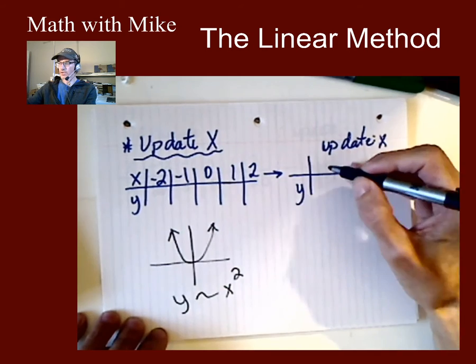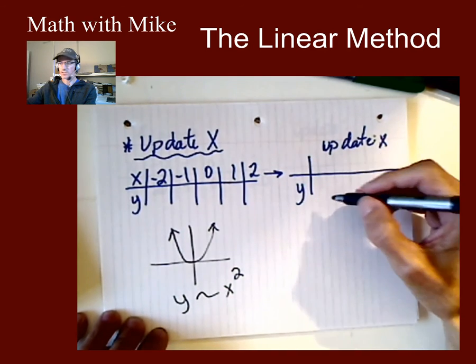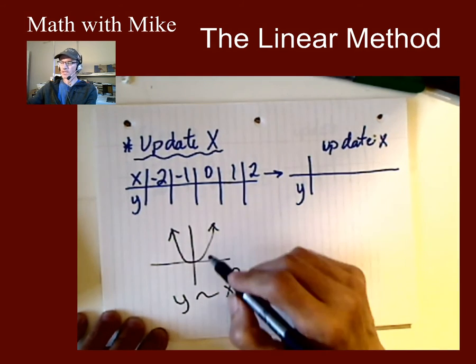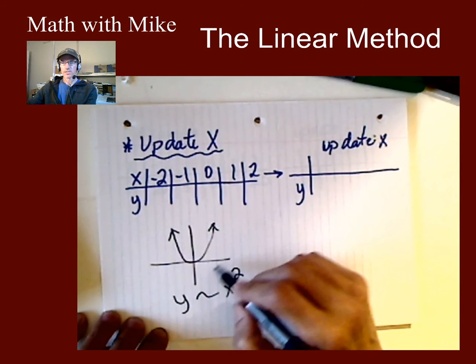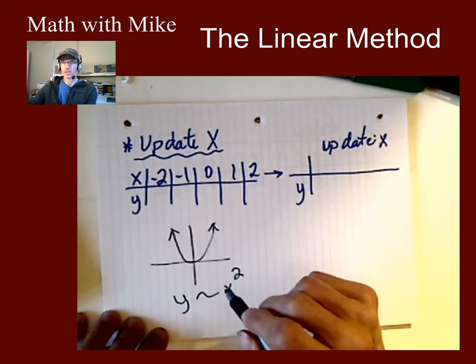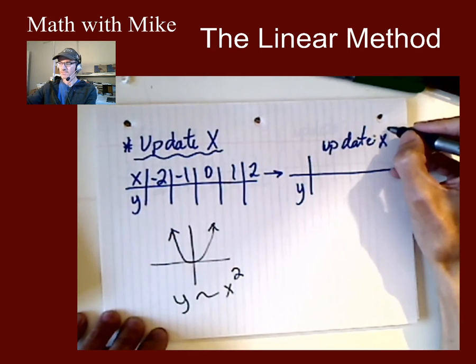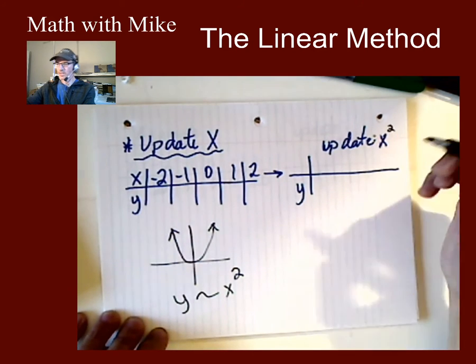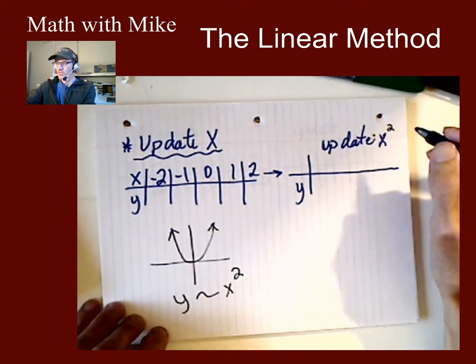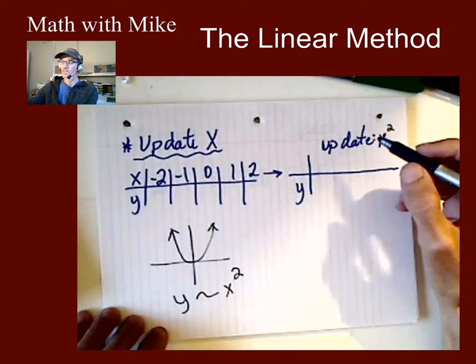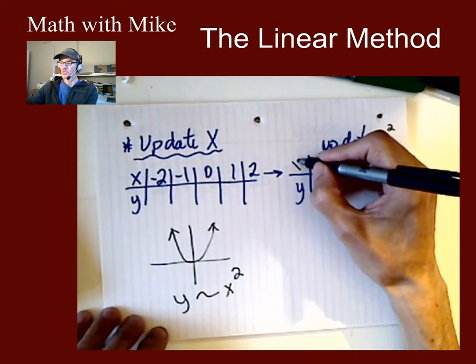So the update we're going to do to get a new set of points comes from the shape that we see from our original graph. So the update is going to be with x squared. So what do we do?